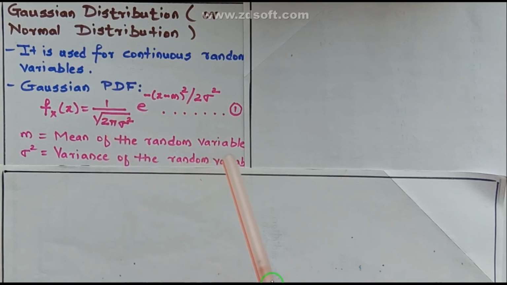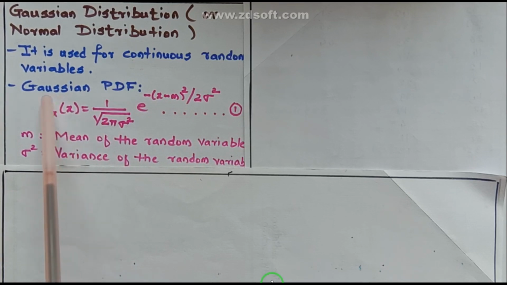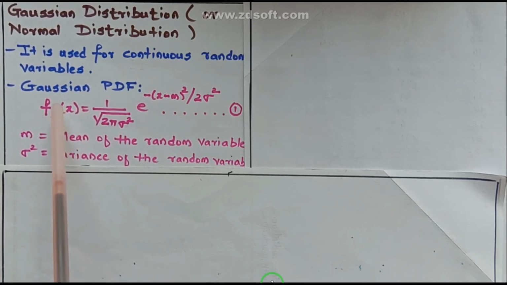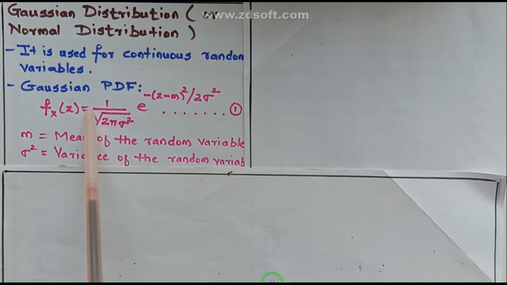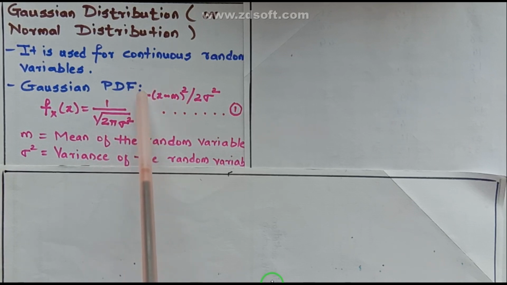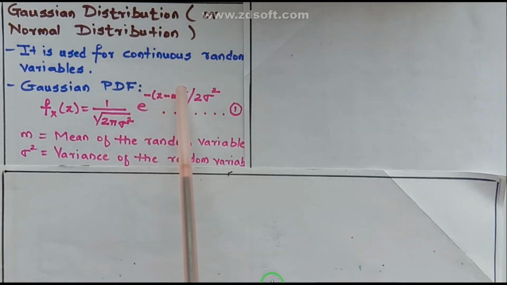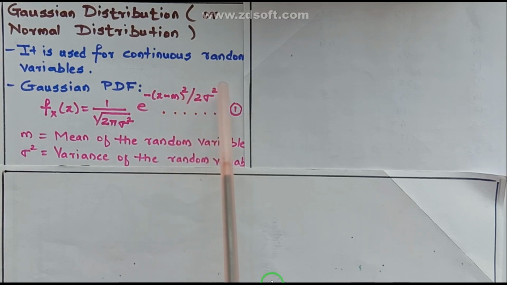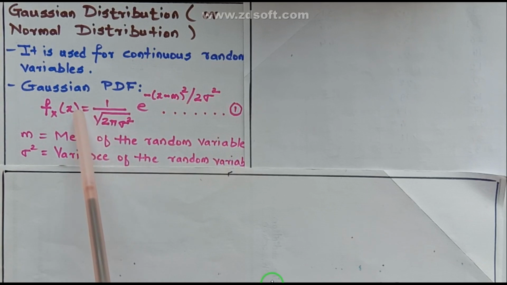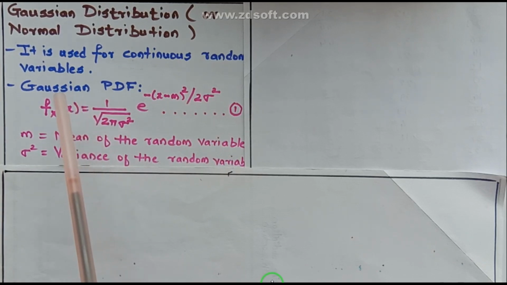So the PDF of a continuous random variable having this Gaussian distribution is given by, this is called a Gaussian PDF, that is f_X(x) is equal to 1 upon square root of 2 pi sigma square, e raised to minus (x minus m) whole square divided by 2 sigma square, for x greater than minus infinity and less than plus infinity.